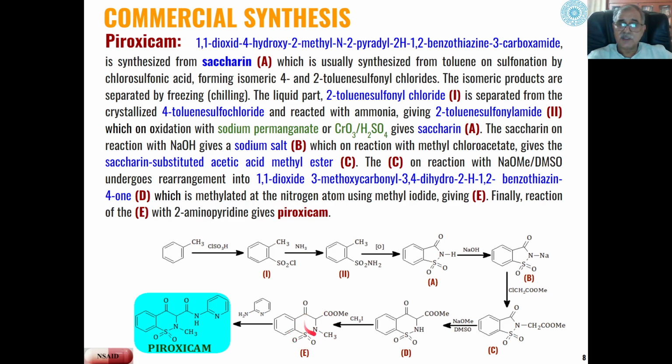Then this N-methyl benzothiazin-4-one will react with 2-aminopyridine, which will add to this carbon with the removal of methoxy from here and H from here. Methanol will be removed, and the CONH bond will form. So this is how piroxicam can be synthesized, from saccharin or, you can say, starting from toluene. And again, this is an antipyretic compound.